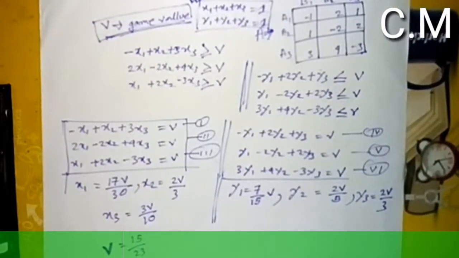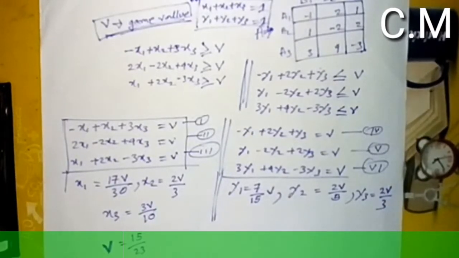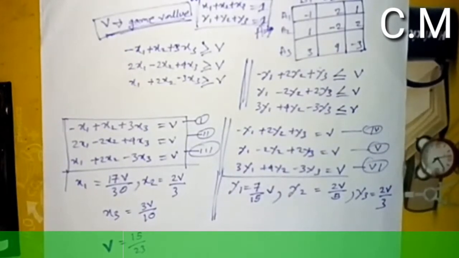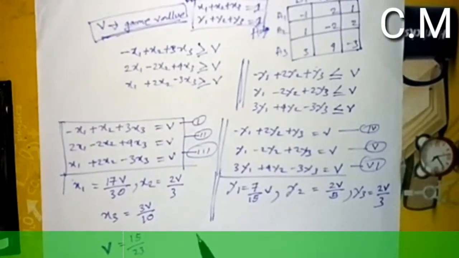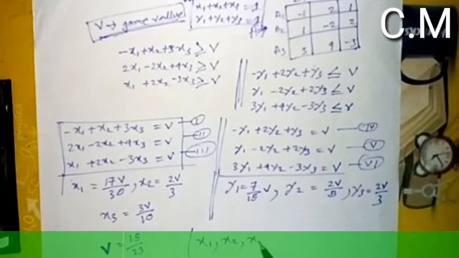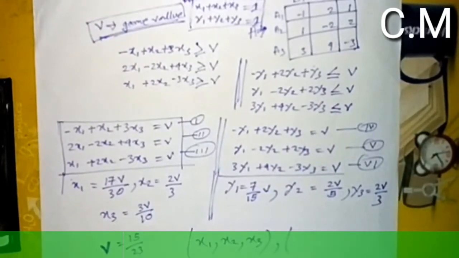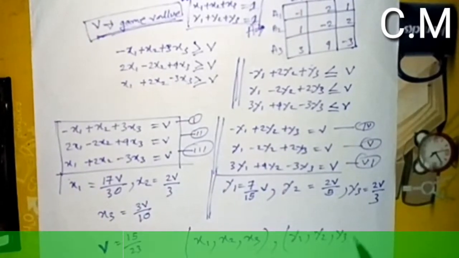Now you have to find the locations, how many locations are present for this game value. Here you draw x1, x2, x3, and the other point will be y1, y2, y3.